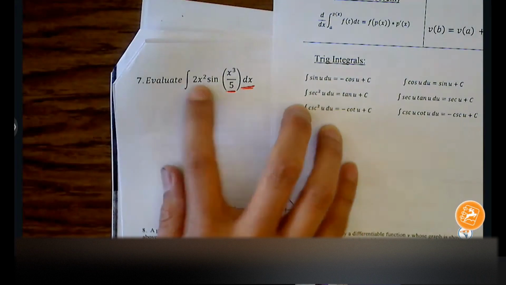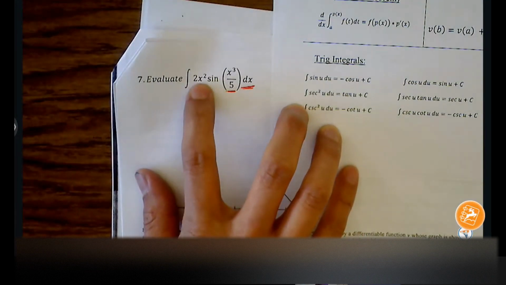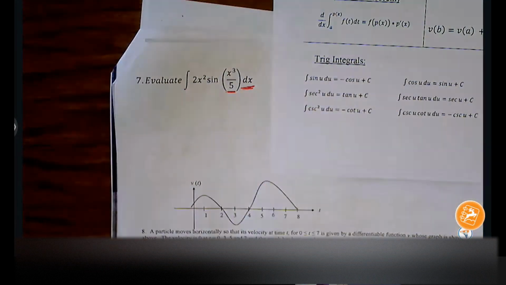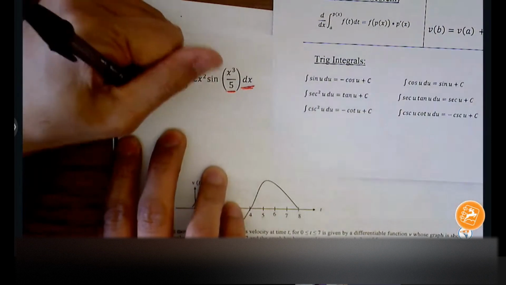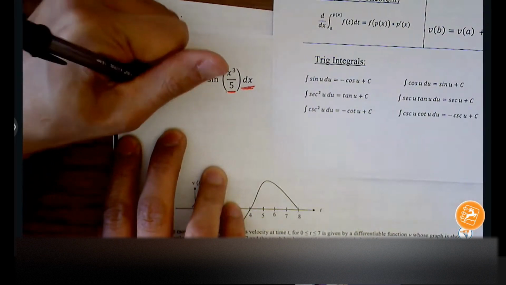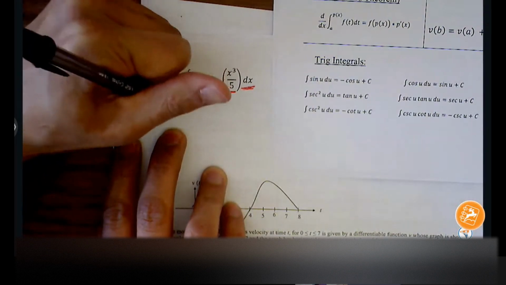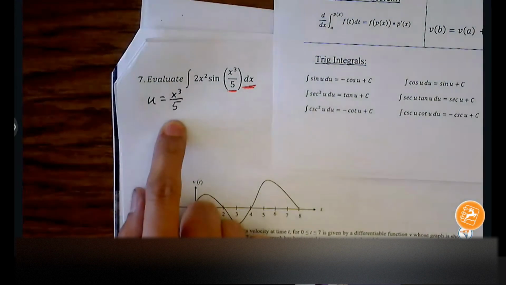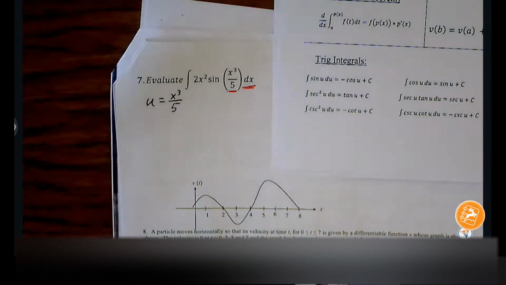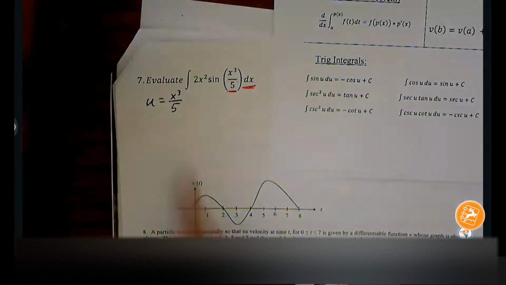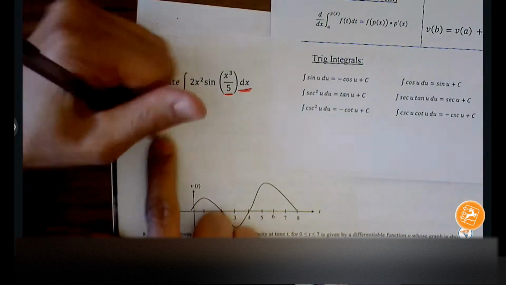And I'm hoping that the x squared will go away on its own. Okay, we'll see what happens. Okay, so we'll let U equal x cubed over 5. Okay, what can I use to find the derivative of x cubed over 5? Power rule, right?